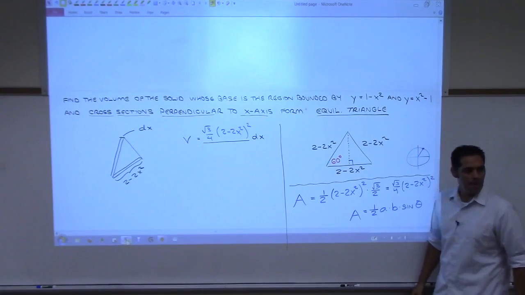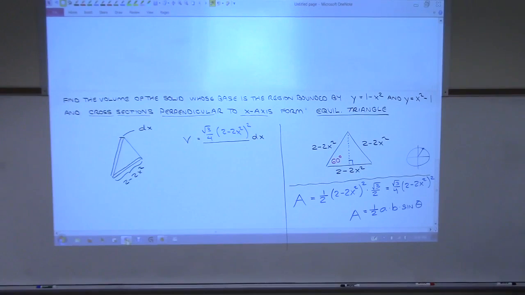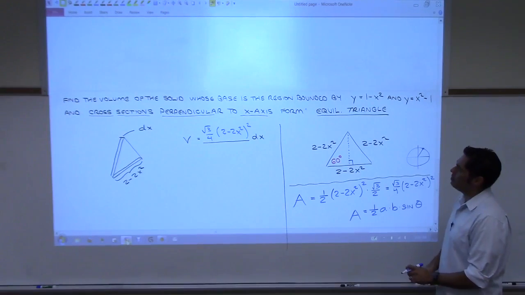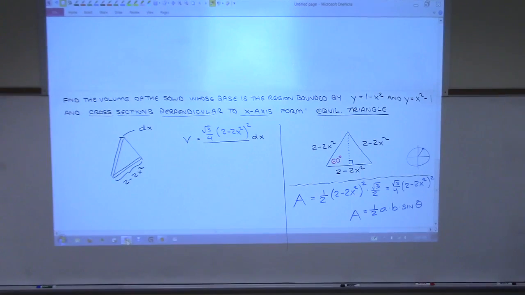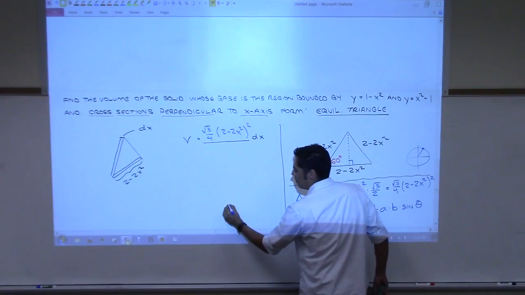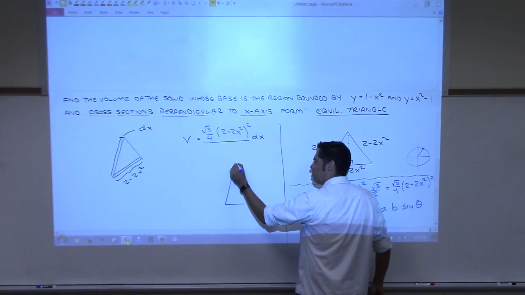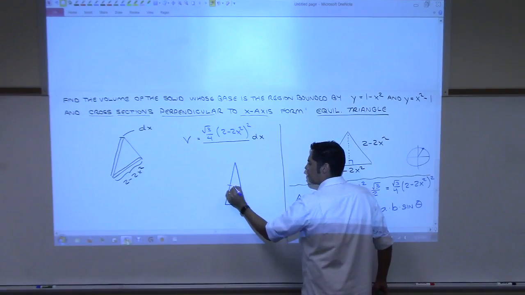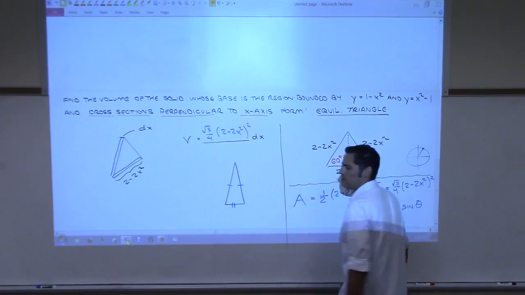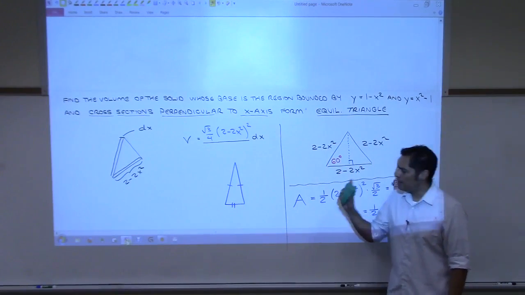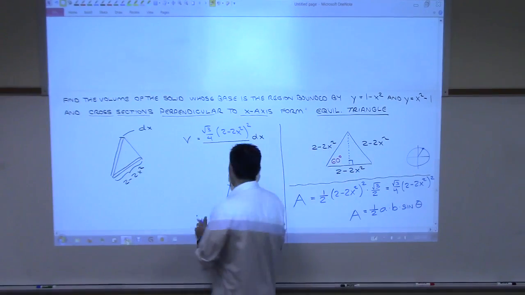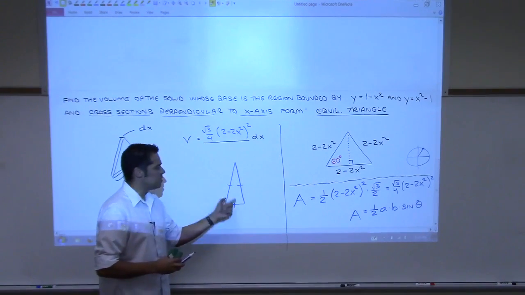I won't give you something other than an equilateral triangle, but you could do an isosceles triangle, where two sides are the same, maybe like this, but that side's not. But if someone gave you that, they would have to tell you what the relationship between this side and these sides is.